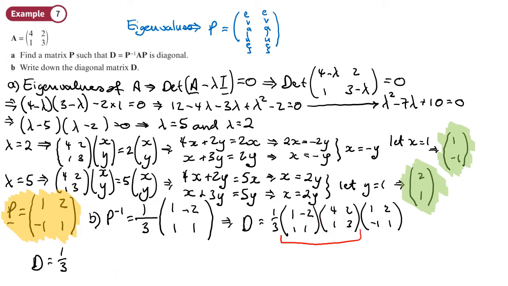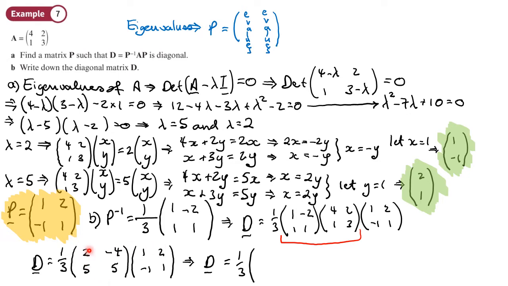So we're going to have 1/3, and we're doing this one times this one here. When we multiply those first two matrices together, we're going to get the matrix 2, negative 4, 5, 5. We multiply that by the 1, 2, negative 1, 1. So that will give us D is equal to 1/3 of, now when we multiply these two matrices together, we'll get 2 plus 4, which is 6.